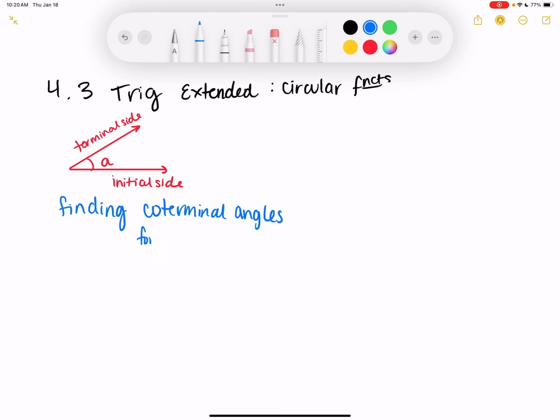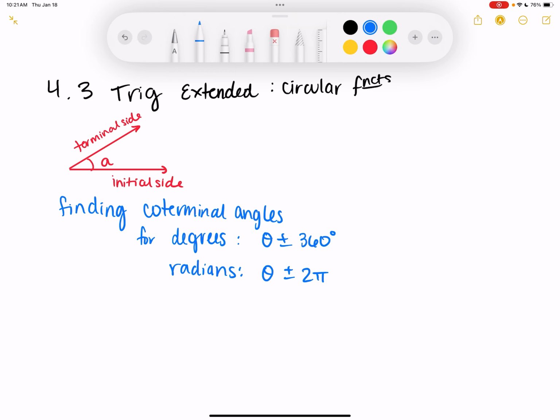For degrees, we do theta plus or minus 360 degrees. And for radians, it's theta plus or minus 2 pi or some increment of 2 pi. Obviously it could be 4 pi over 2. It could be 6 pi over 3. Things like that. Any increment of 2 pi would be what we're using for that.